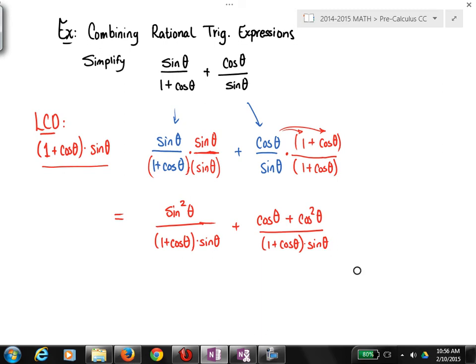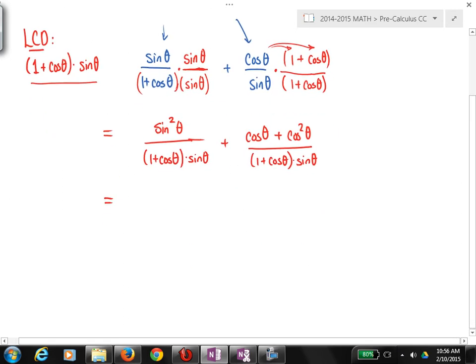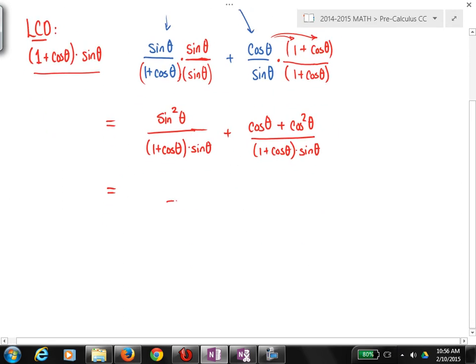Now, when you combine these right here, they have to have the same denominator for me to add up the numerators. Keep the denominator the same and combine the numerators. Sine squared of theta plus cosine of theta plus this cosine squared of theta.